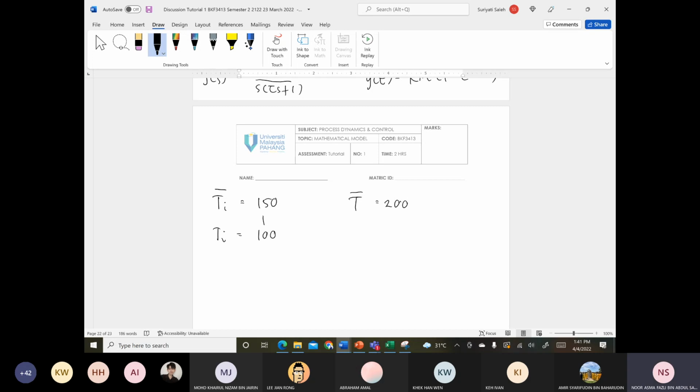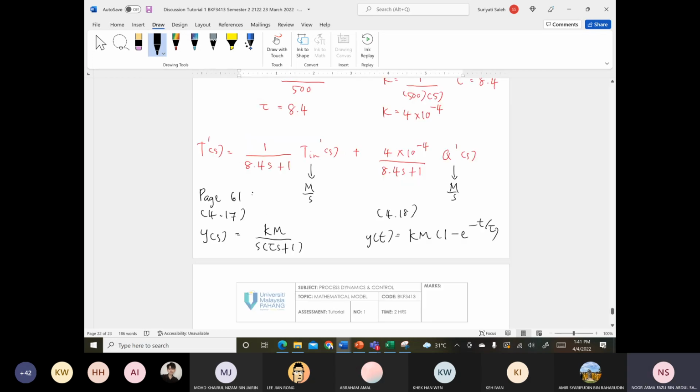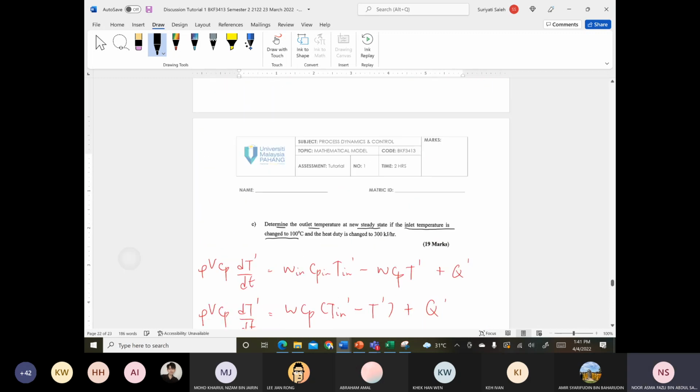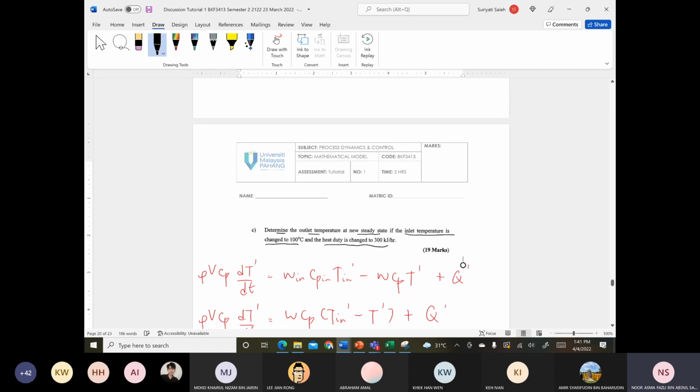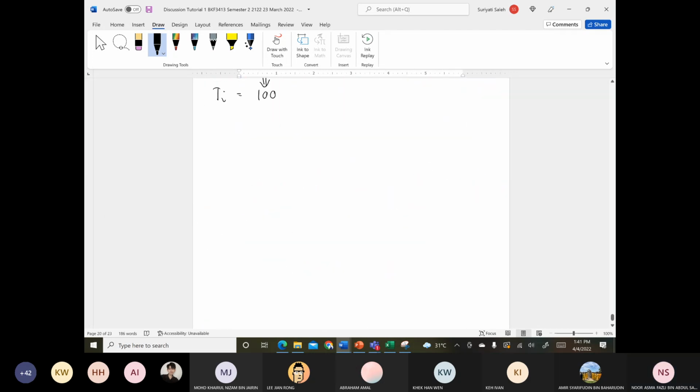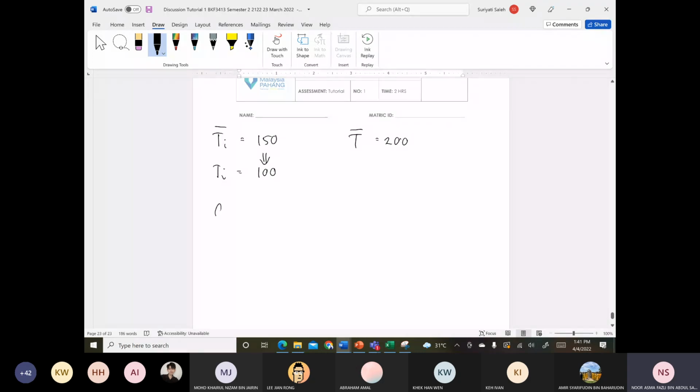Okay, so this one is changing. And then the second statement: heat duty is changed to 300. So my Q bar changes to 300 kilojoule per hour. So based on this, I need to know what is my Q bar, because they must be changed.